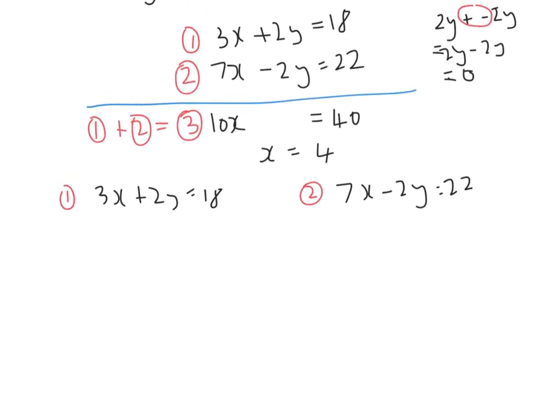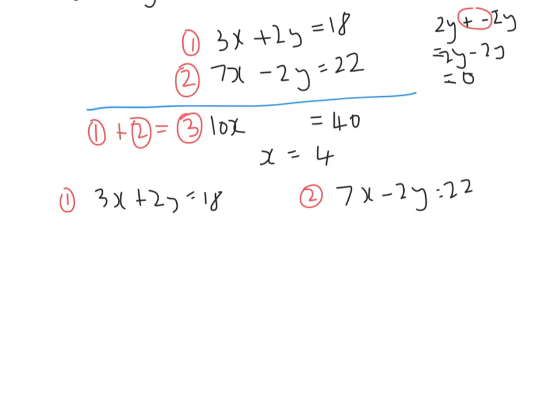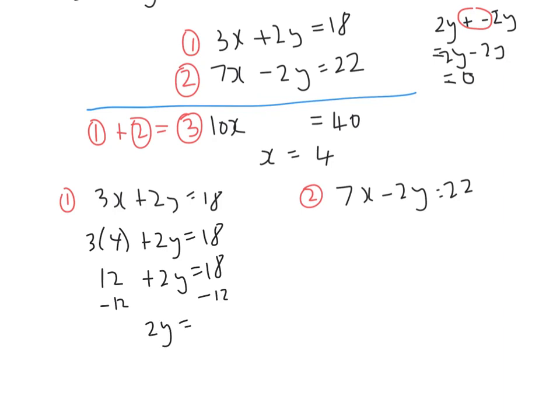So we worked out that x was 4. So we put in 3 4's plus 2y equals 18. That means 12 plus 2y is 18. If we want to solve that to get y, we take 12 off both sides. So 2y would equal 6.